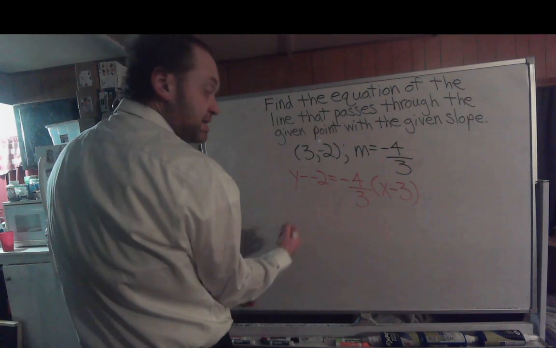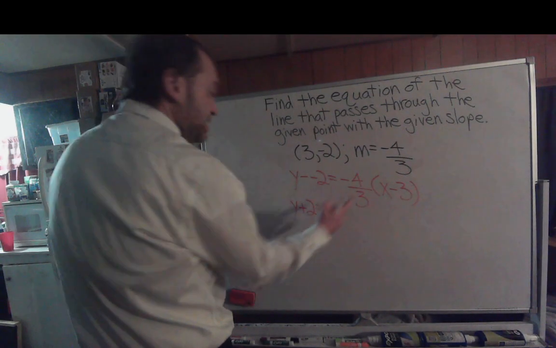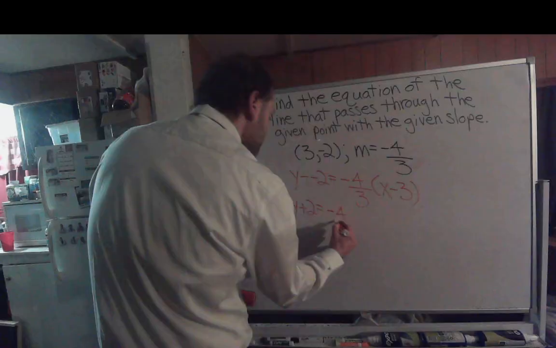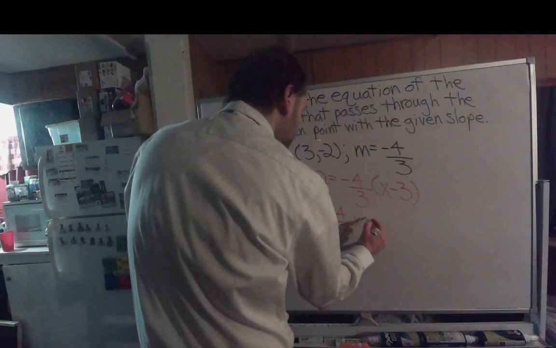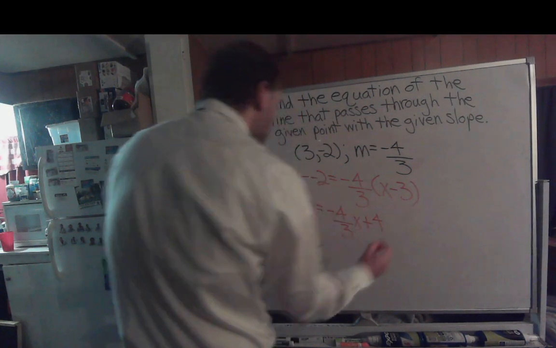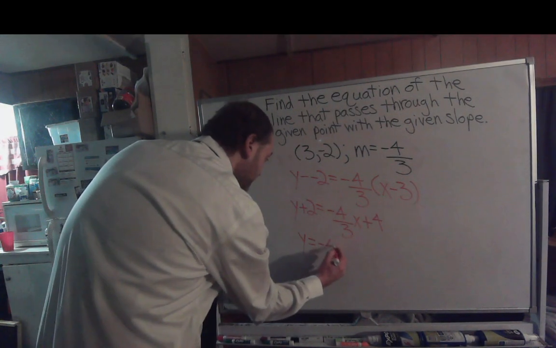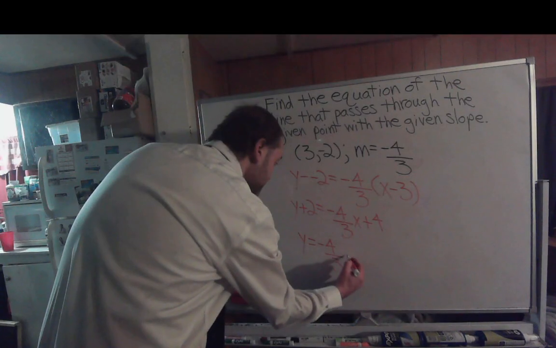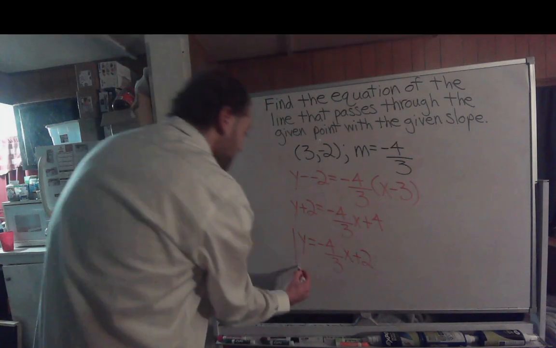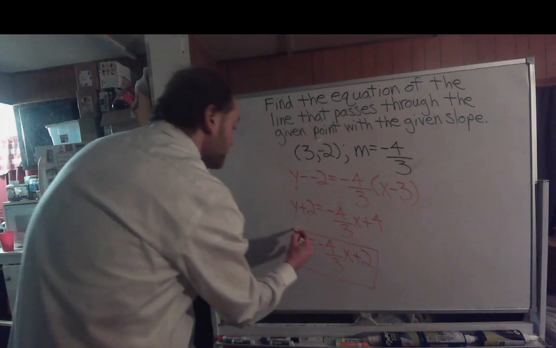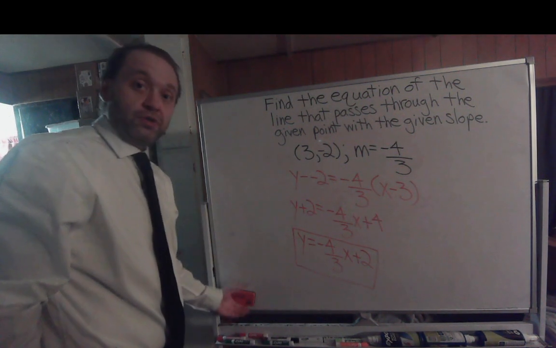Well, y minus negative 2 turns into y plus 2. That's going to equal negative 4/3 x plus 4. Now let's just solve for y. You would get that y equals negative 4/3 x plus 2. So the equation of this line should be y equals negative 4/3 x plus 2.